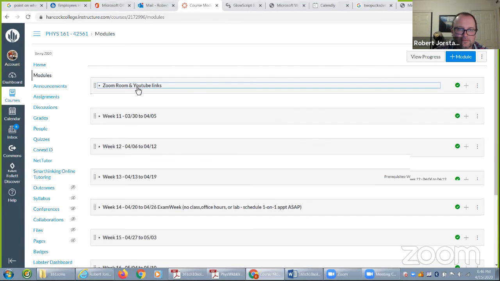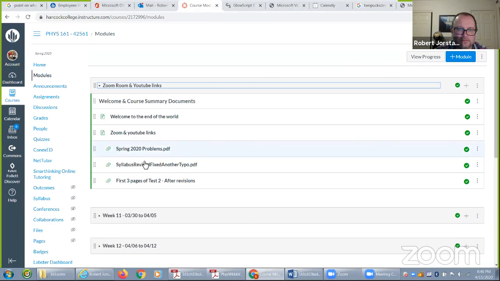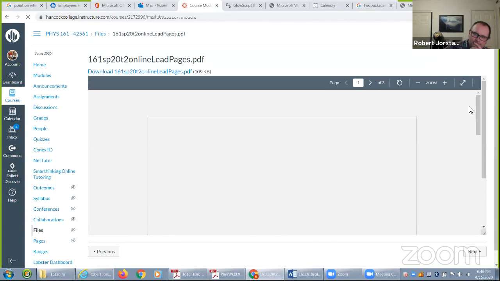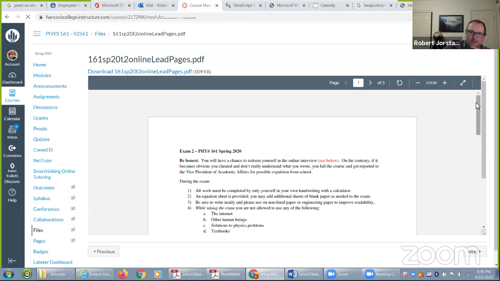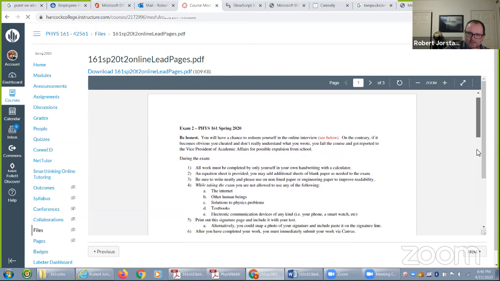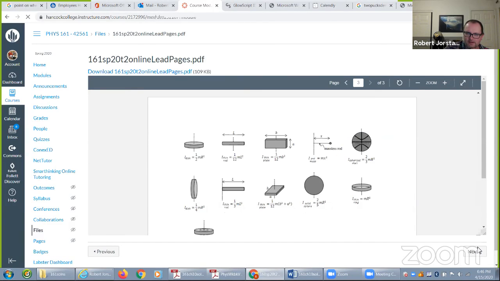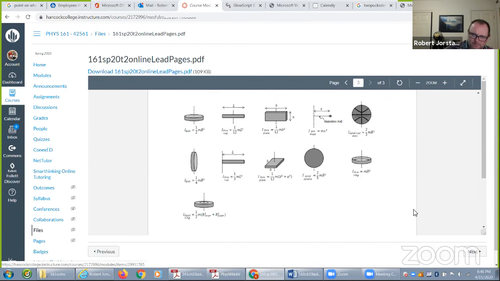Was it here? Right. You can look at this. The test equation sheet has been given to you since then. You get all this, you get all that, right? So that's what your exam equation sheet looks like. And once you have that, you don't really need anything else.